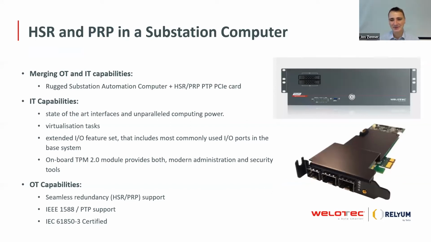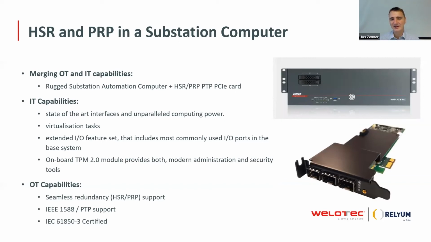Now I'm going to talk a little bit about how to use HSR, PRP, PTP, and sample value processing within a card and then use it in virtualization in a substation server. The idea behind it is that you're merging OT and IT capabilities.